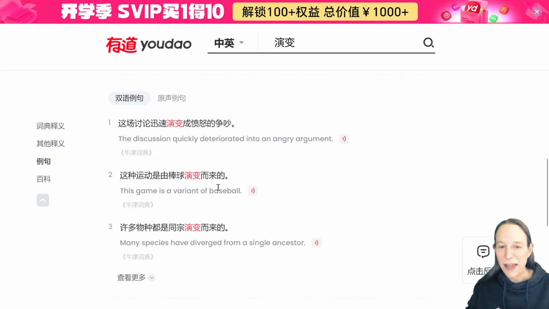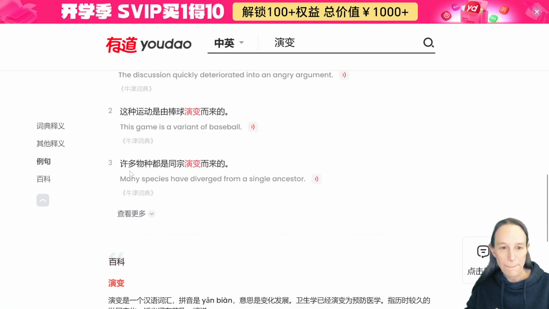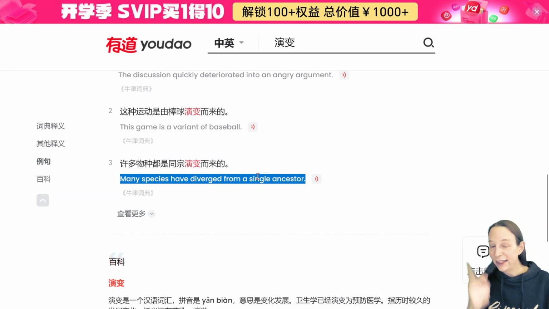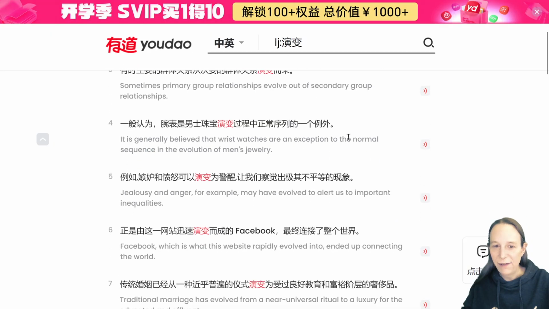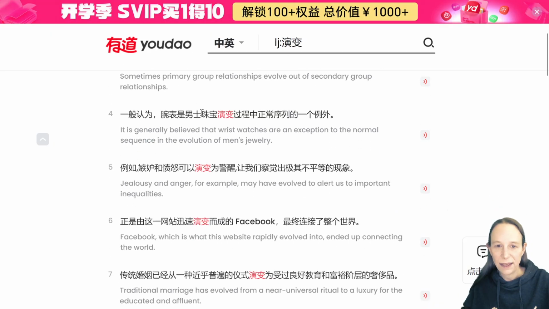So it evolved from baseball. 许多物种都是从中演变而来的. All right, so this is evolution in the sense of the theory of evolution. So we can use 演变 for theory of evolution, is that right? I mean, to evolve in the sense of biological evolution.